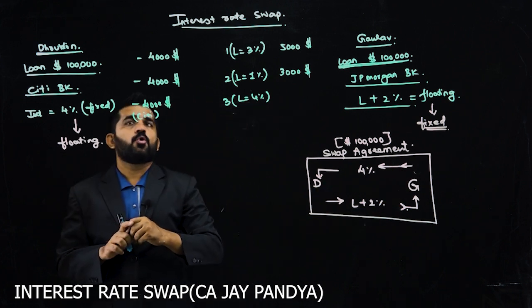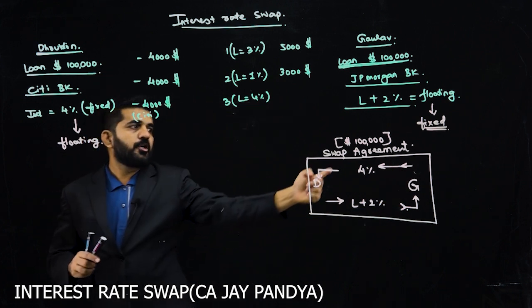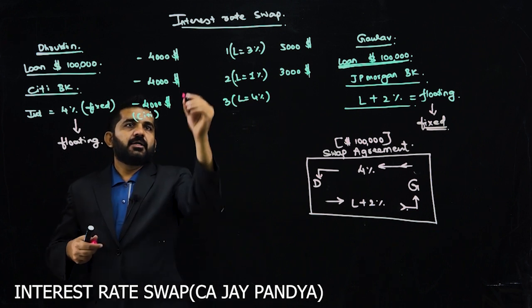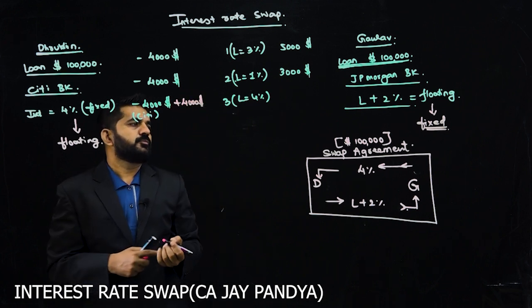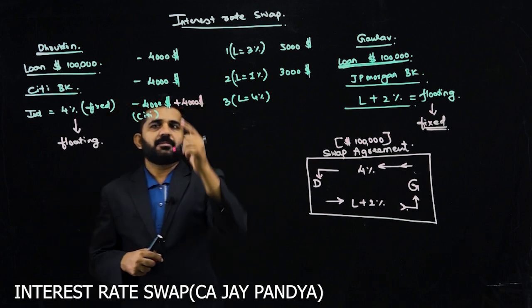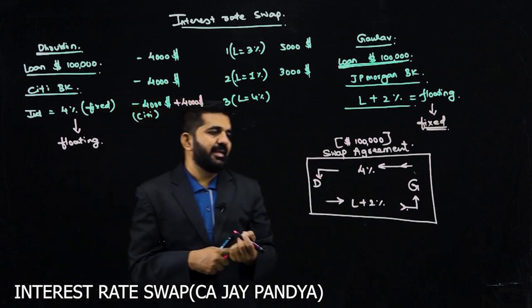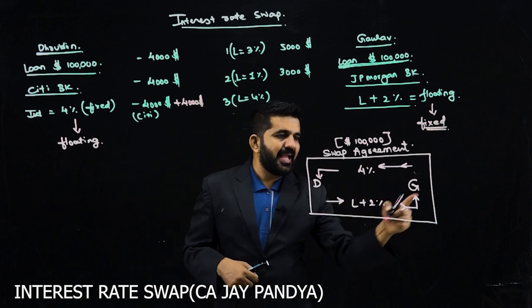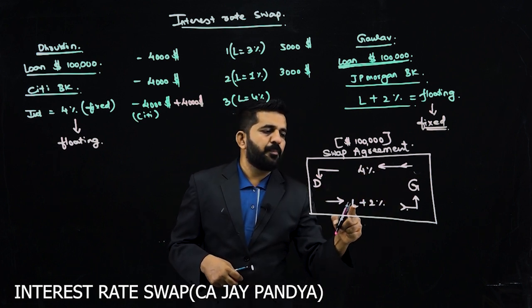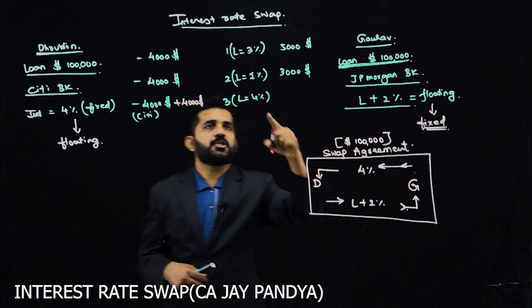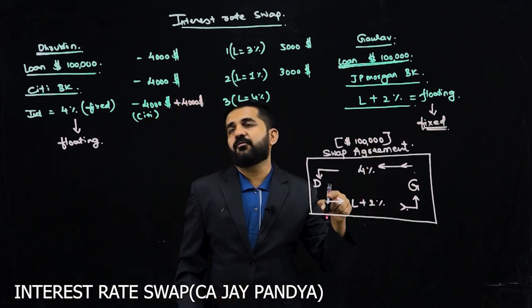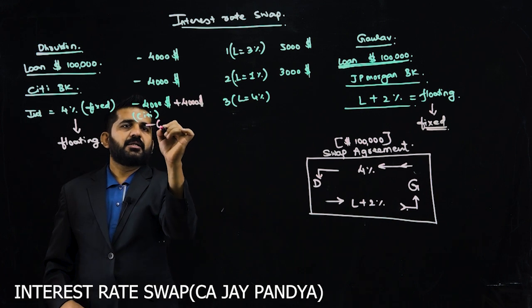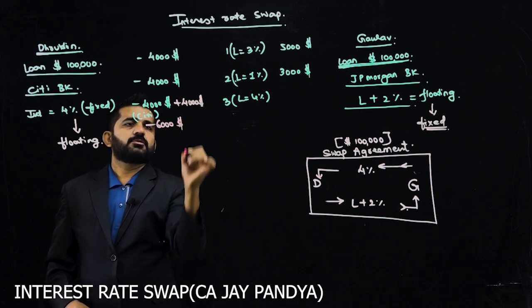He is getting 4%. 4% on what? $1 lakh. So he will be getting $4,000. Getting means I'm writing positive sign. And in this agreement, he will have to pay LIBOR plus 2%. What is LIBOR? 4. 4 plus 2 is 6% on $1 lakh is nothing but $6,000.